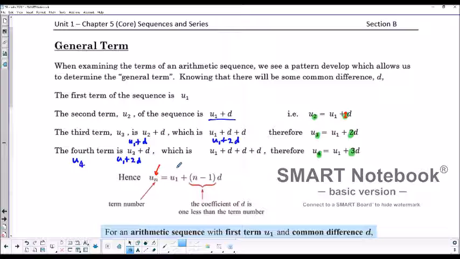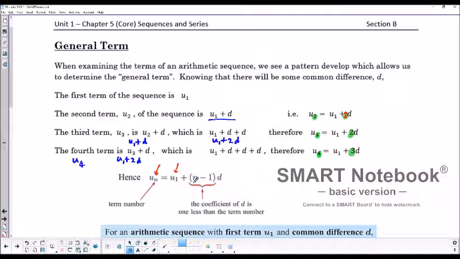if you start with the first term, which is not always, but often given to you, you start off with U1, you add 1 minus the term number you're looking for times the number of differences.